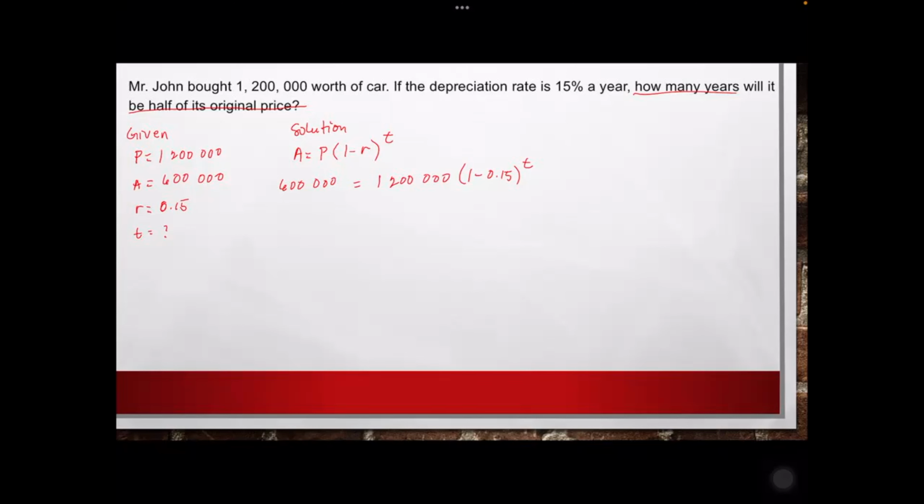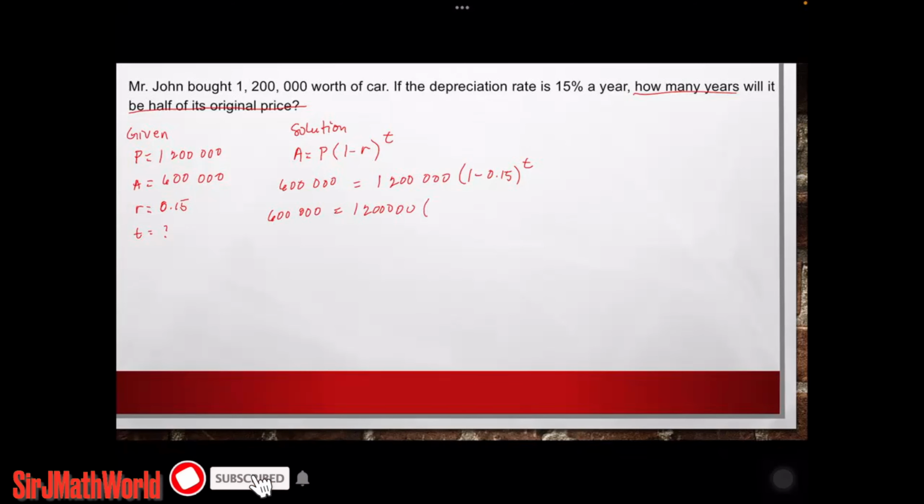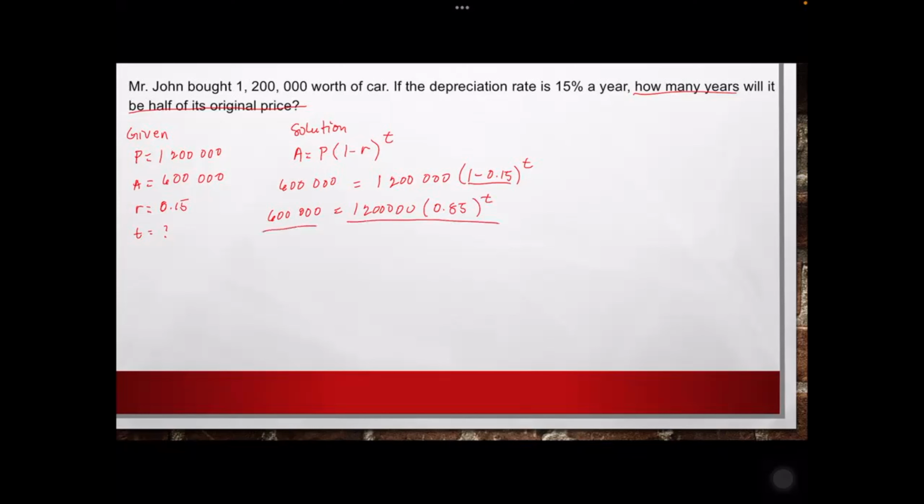So, this will be 600,000 is equal to 1,200,000. Then, this will be 0.85. Kung simplify yan, 1 minus 0.15, 0.85 raised to T. Then, divide natin siya ng 1,200,000.